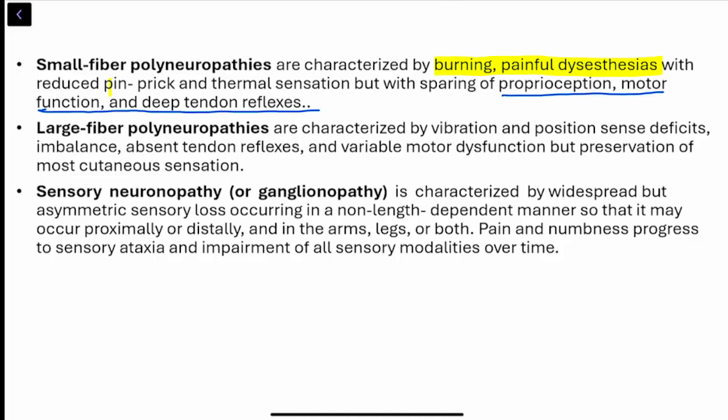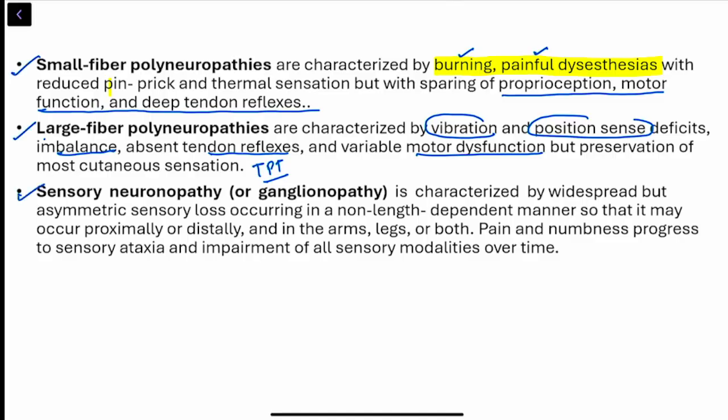Small fibers will give rise to burning, painful dysesthesias. Then large fiber polyneuropathies are characterized by vibration loss, position sense deficit, imbalance, absent tendon reflexes, motor dysfunction, but cutaneous sensation like touch, pain, temperature will be preserved. So, large fiber, small fiber.